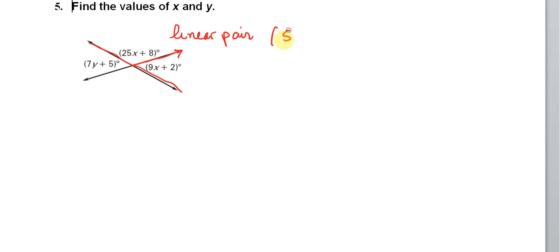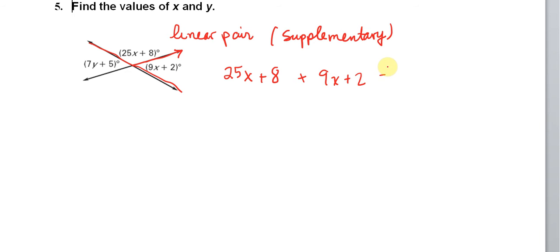And that means they must be supplementary to each other. So they must be supplementary, which means that they must add up to 180 degrees. So we can say that 25x plus 8 plus 9x plus 2 is equal to 180 degrees.